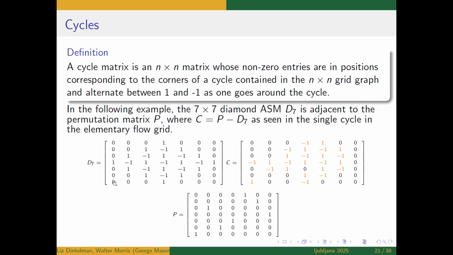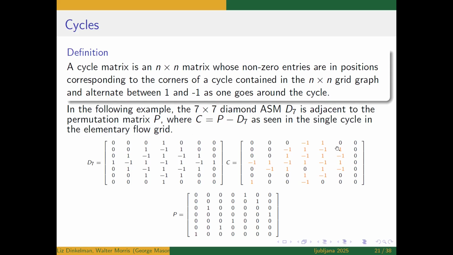Now this matrix C over here is a representation of the smallest face that contains D7 and P. If we remove this cycle from D7, it's like obtaining P by walking along the edge of the polytope from vertex D7 to vertex P.